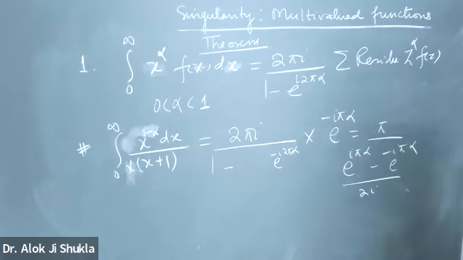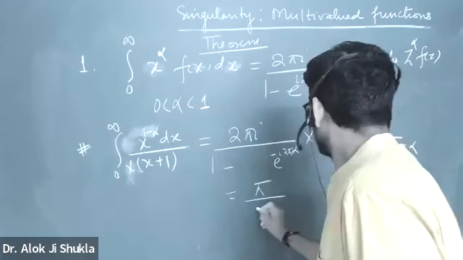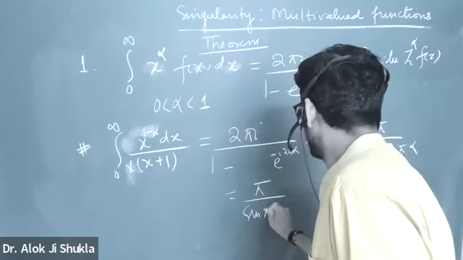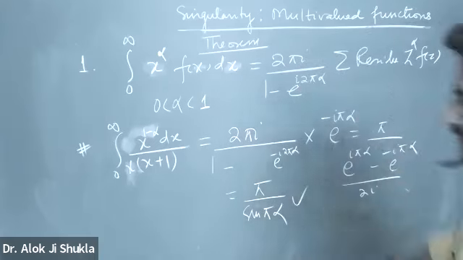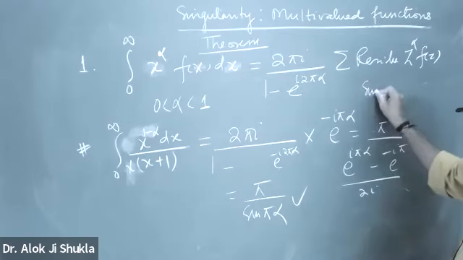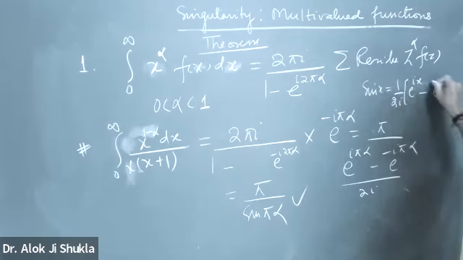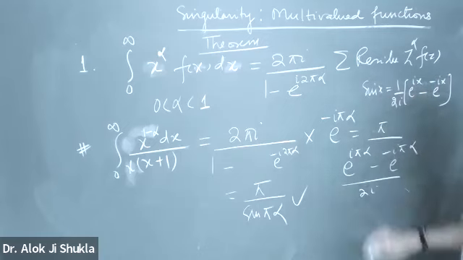And this will result into pi by sine pi alpha. Such a compact answer you got. Please see. I have used here sine of x is equal to 1 upon 2 iota, e to the power ix minus e to the power minus ix.